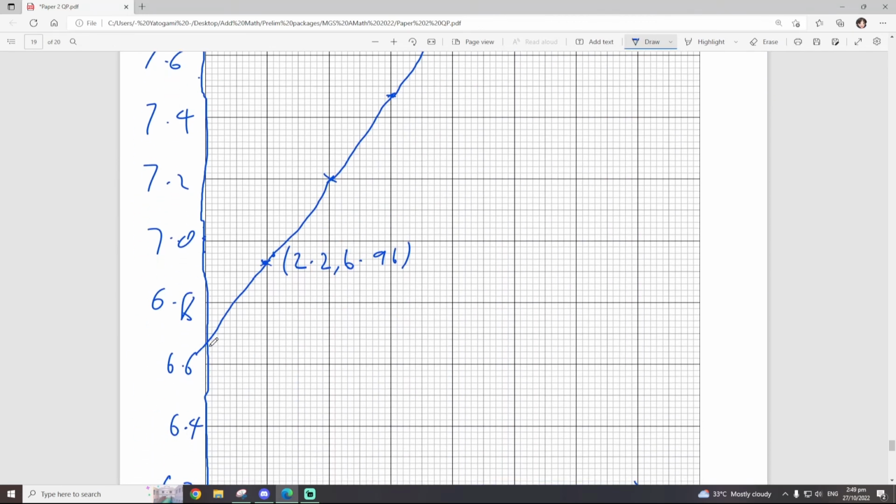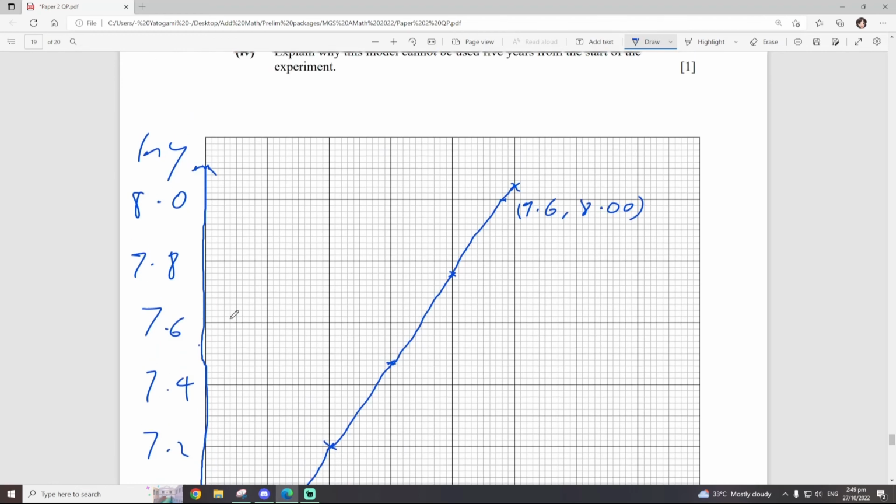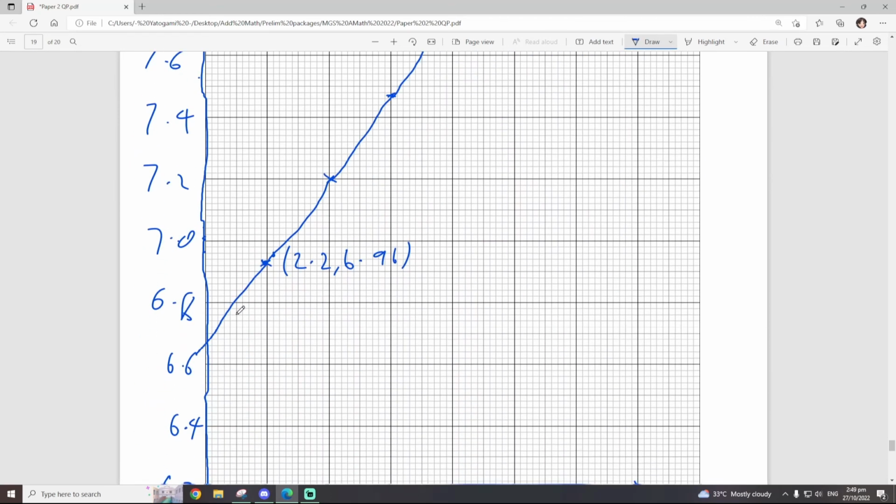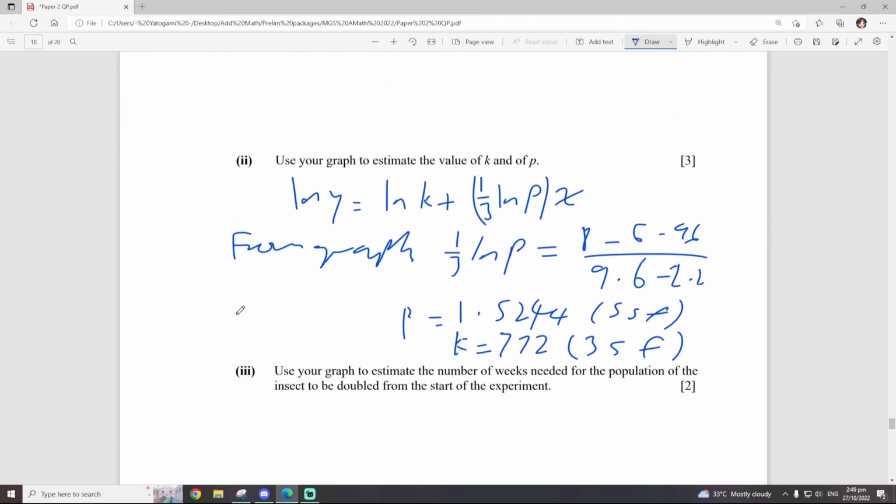What y value did I even get? That's like 6.67. Which gives me a surprisingly close answer. I get 788 by that. But yeah, it depends on how you draw your sketch, and your answer is going to vary a lot.